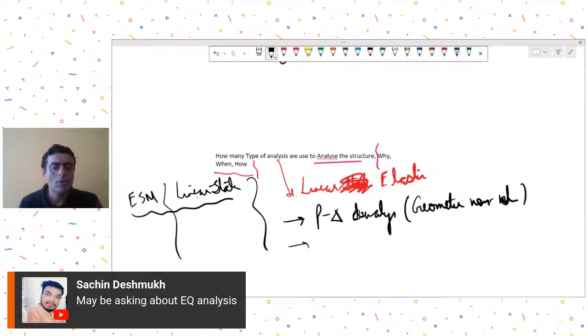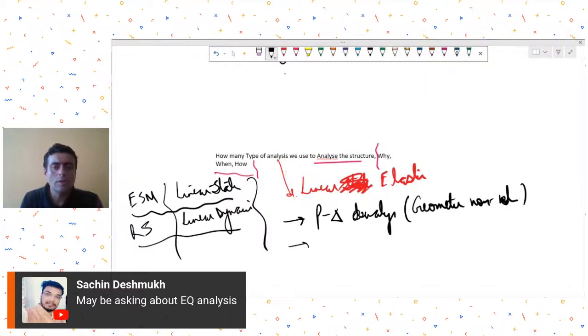Sometimes we may do a modal analysis, also called a response spectrum analysis. So this is mostly a linear dynamic analysis that we do. This is nothing but the response spectrum method. Other analyses where we consider the material nonlinearity can be pushover analysis or other methods which we as practicing engineers don't usually do. So if you're asking about types of analysis, these are the usual types that you could come across.